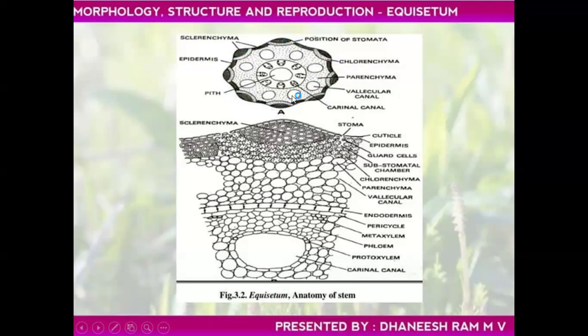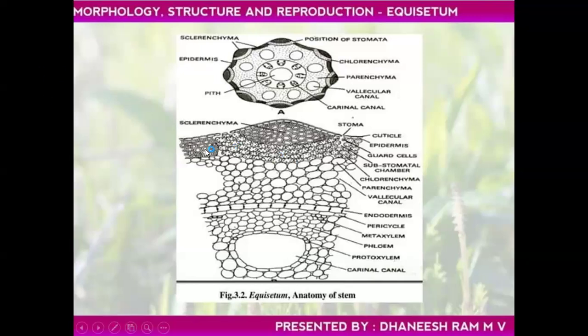This is because the stem is differentiated into nodes and internodes, and at the point of the internode, we can see the arrangement of the leaves. Due to this, the stem or the rhizome appears wavy in outline, with ups and downs of ridges and furrows.